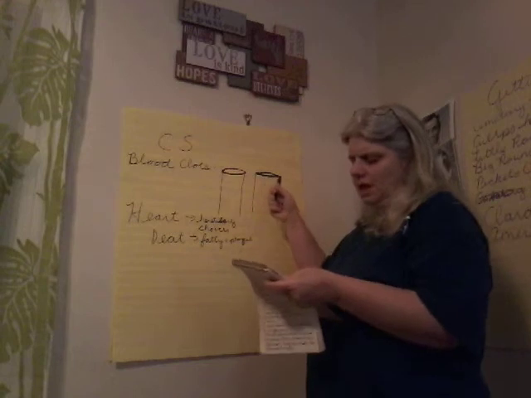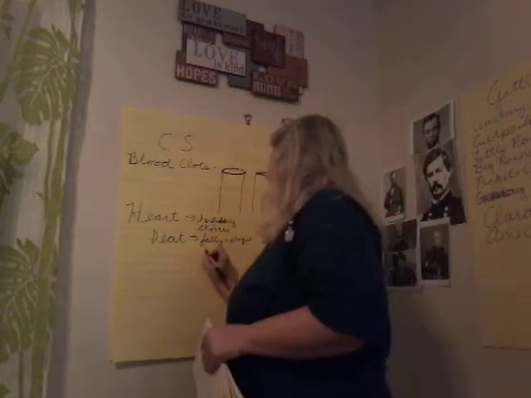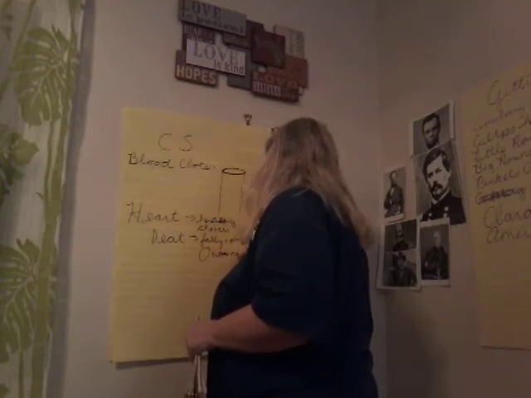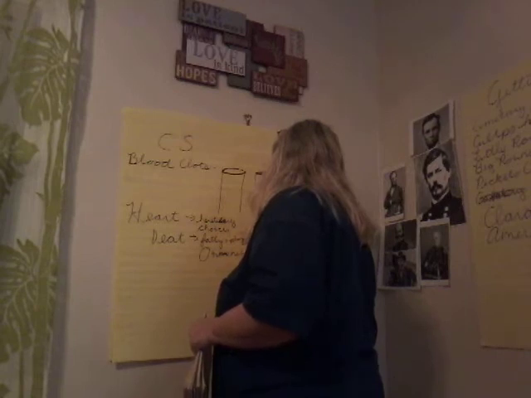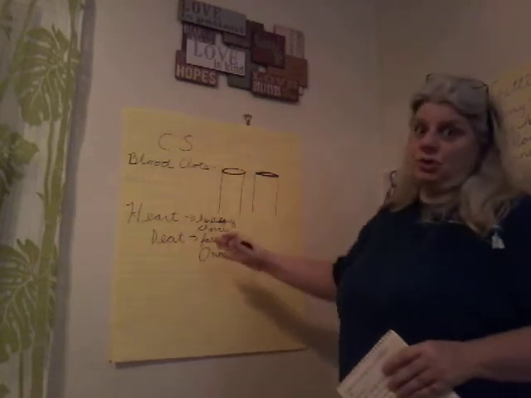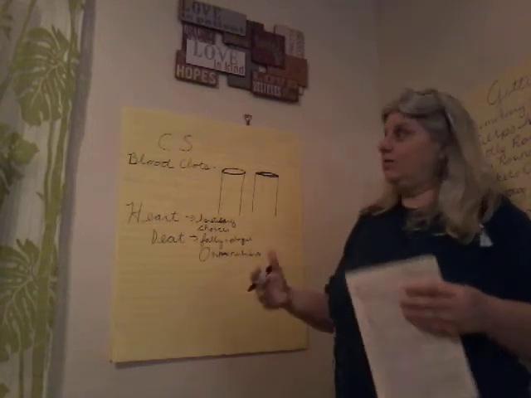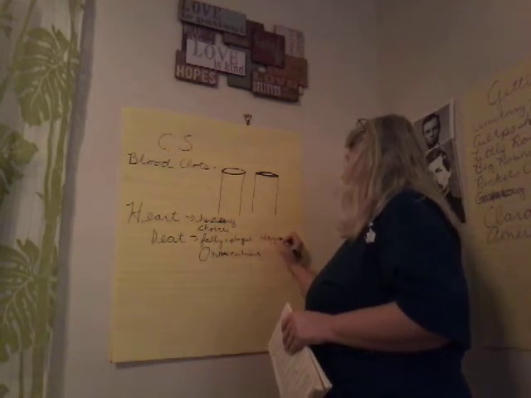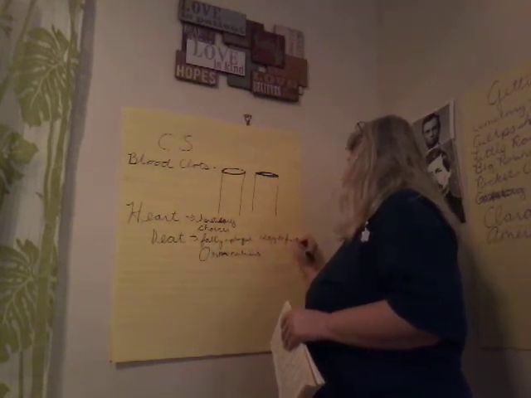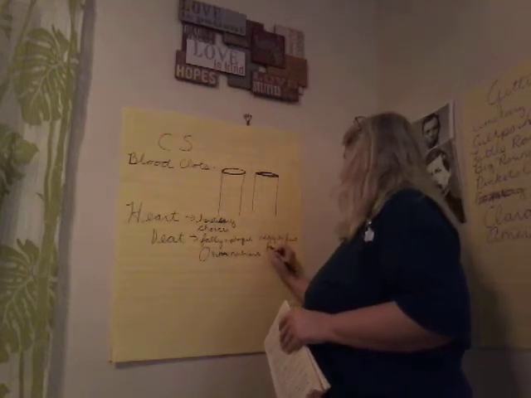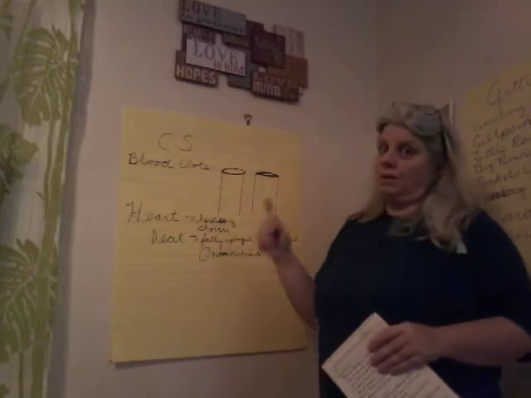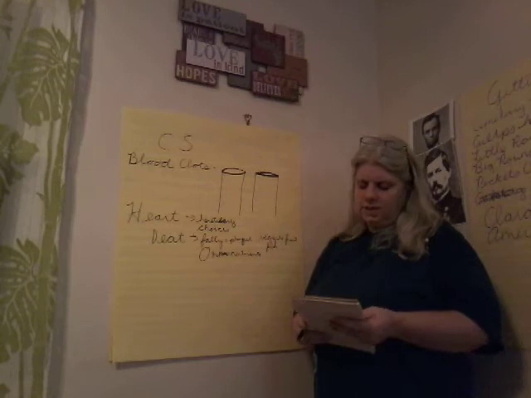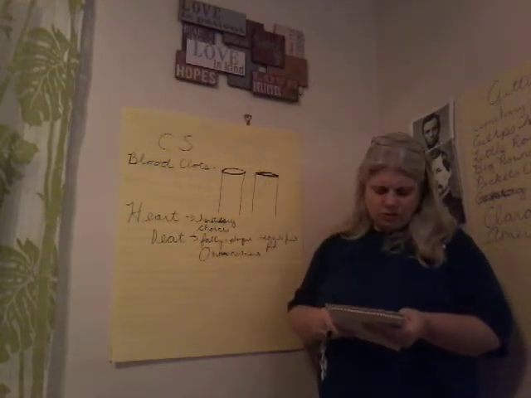As it clogs up, it can reduce the oxygen and nutrients that can get through. So you need to eat healthy foods like veggies, fruit, and fish. Those are all really good things for your heart health, and they help you prevent the plaque and the clogging.